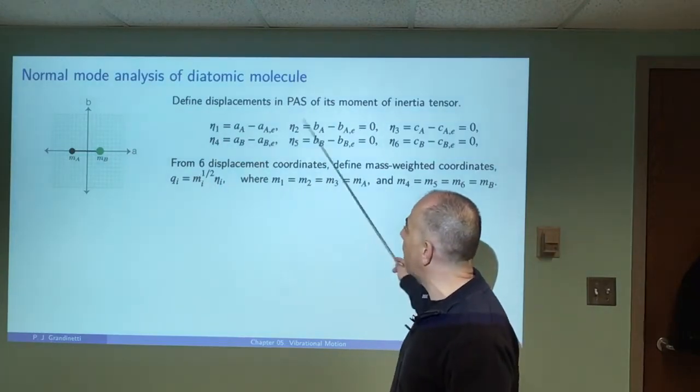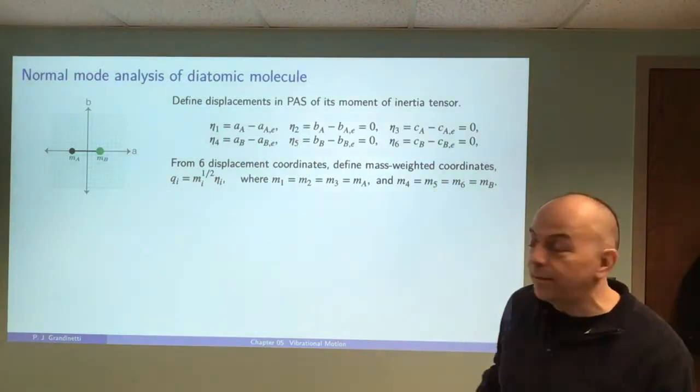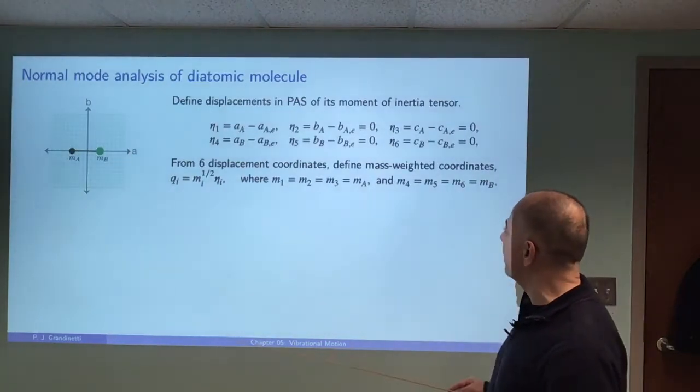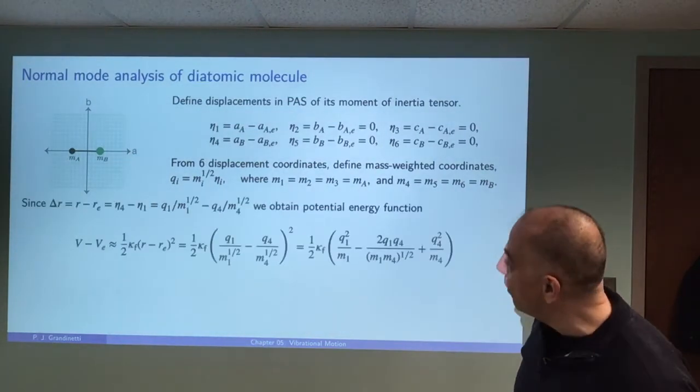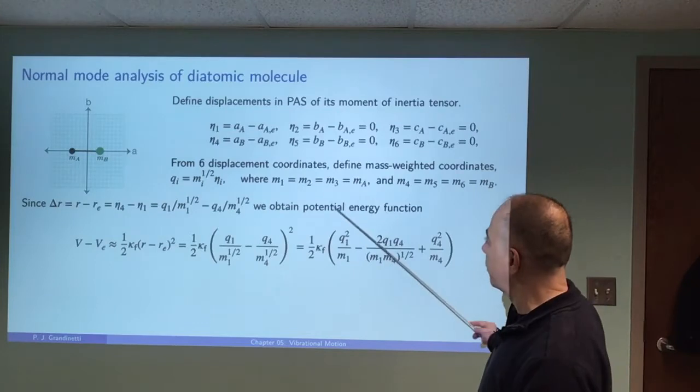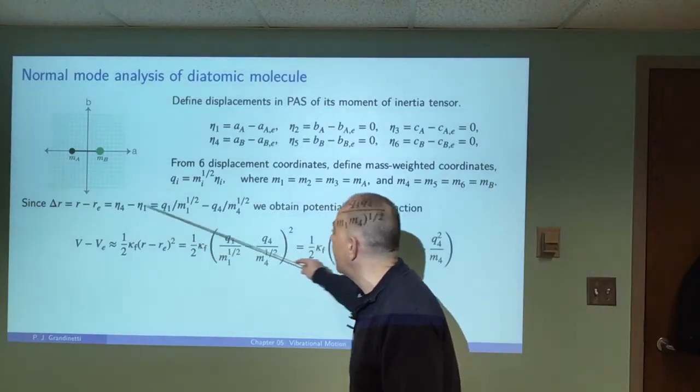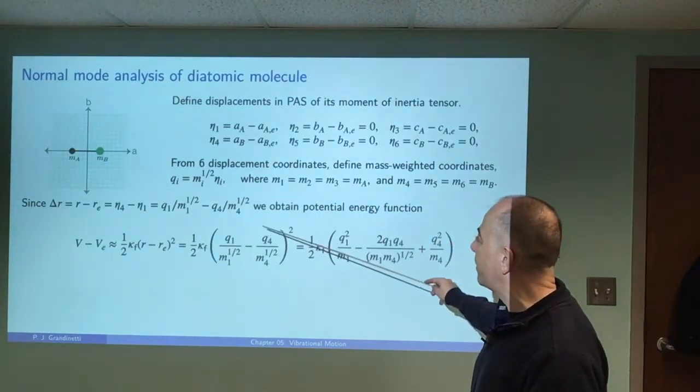We will multiply all of those times the square root of the mass of the atom that they're associated with, and then we will have our mass-weighted coordinates.